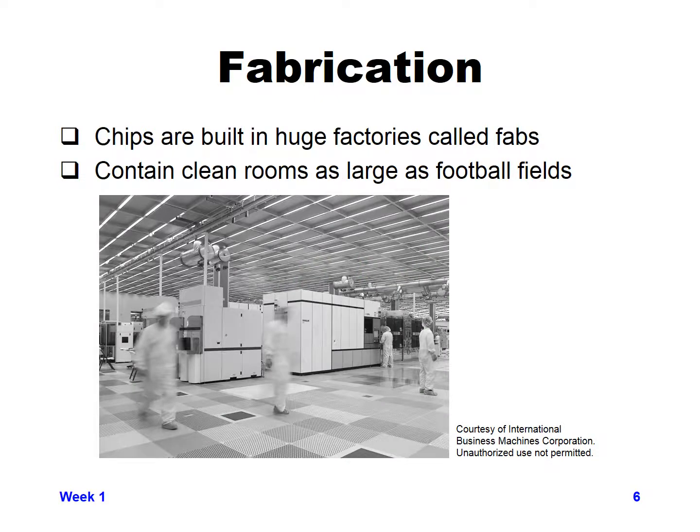So this is just showing the inside of what a modern fab facility looks like. Our IC chips are built in really huge factories that are called fabs. They contain what are called clean rooms that are basically as large as football fields or potentially larger.